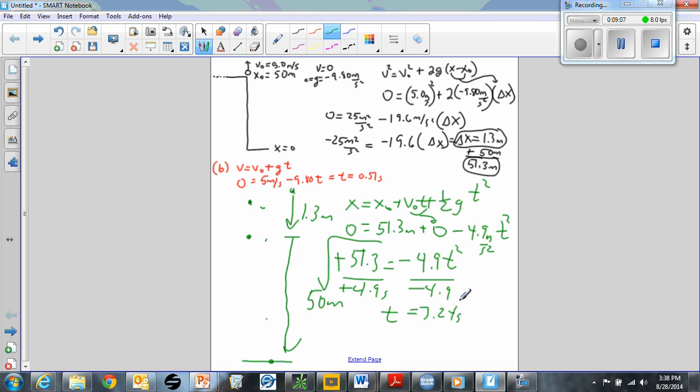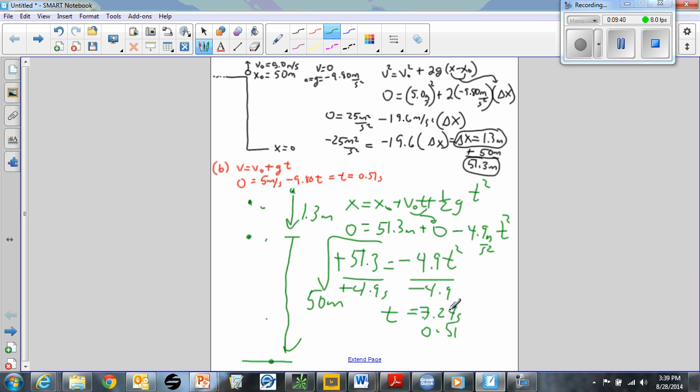And then if I want total time in the air, I'm going to have to add to that the time at the top, which was 0.51. Not sure if I added that in my original solutions.